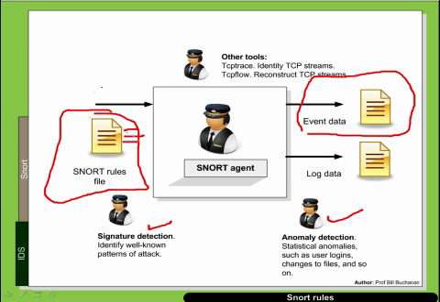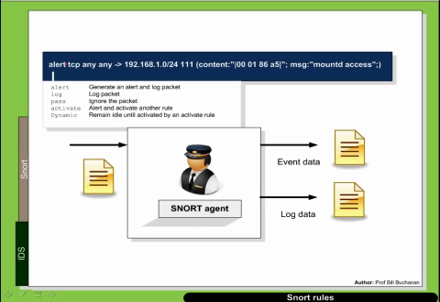Whenever a rule fires, it will generate an event, and it can also be used to log data. So a simple rule that we might have typically starts with alert, log, ignore the packet, and so on. In most of the cases we'll be looking at, it will generate an alert into the event data file.